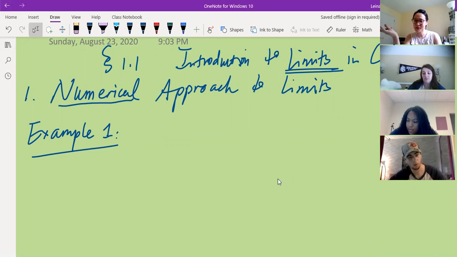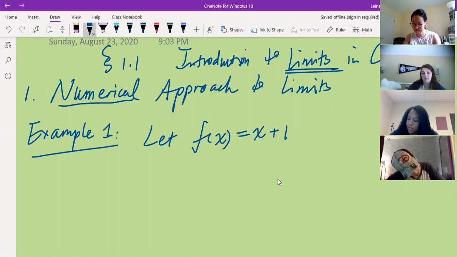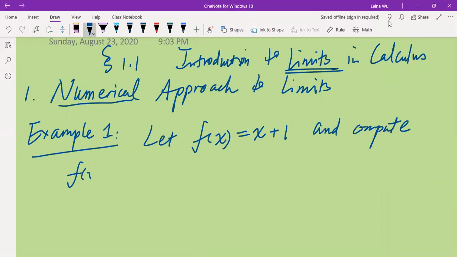I'm going to write down a function which is very easy. Let function f of x be x plus 1. And let us compute the value of f of x.